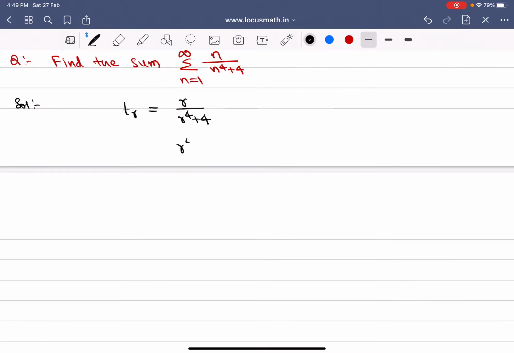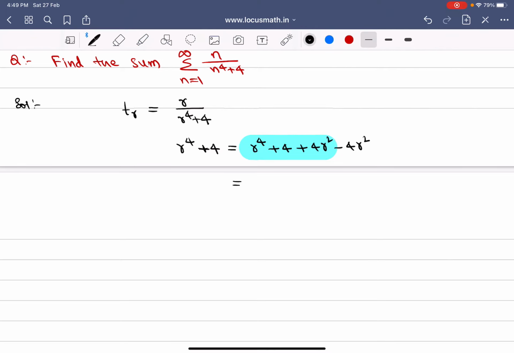For that, let us factorize the denominator, that is r power 4 plus 4. You write this denominator as the product of two terms. For that, what I do is, in r power 4 plus 4, I will add 4r square and subtract 4r square. Now this r power 4 plus 4r square plus 4 is a perfect square.